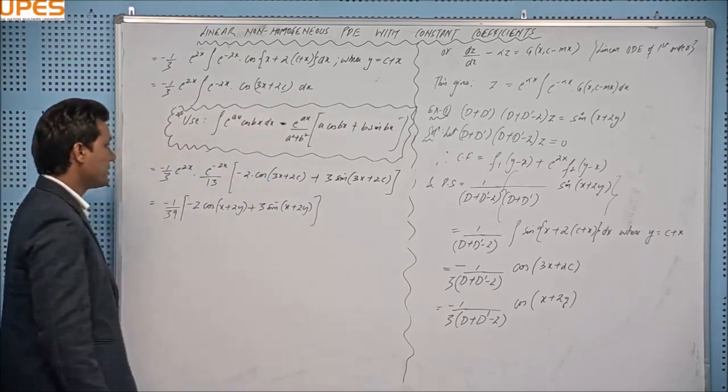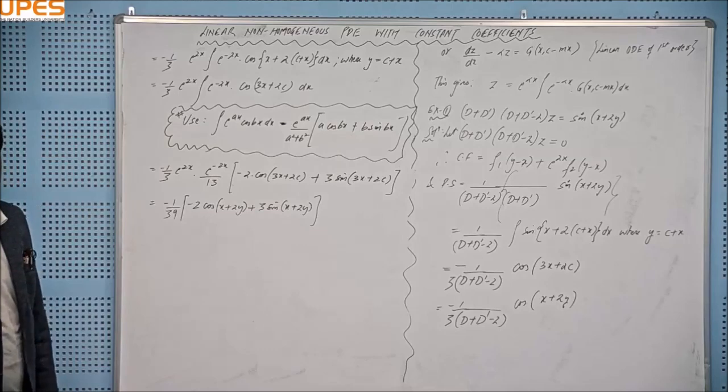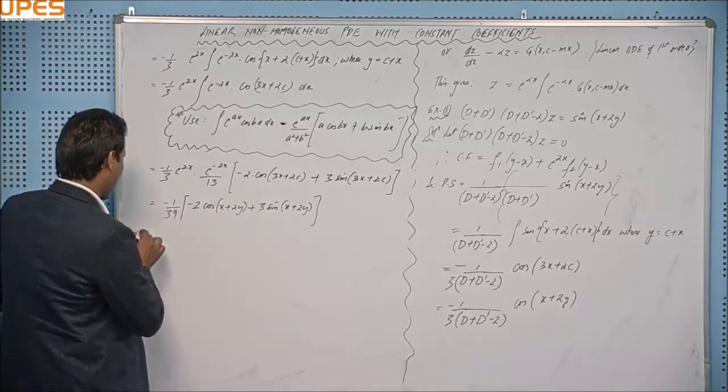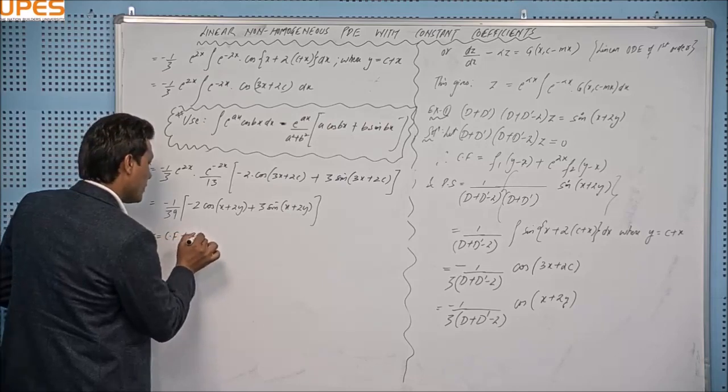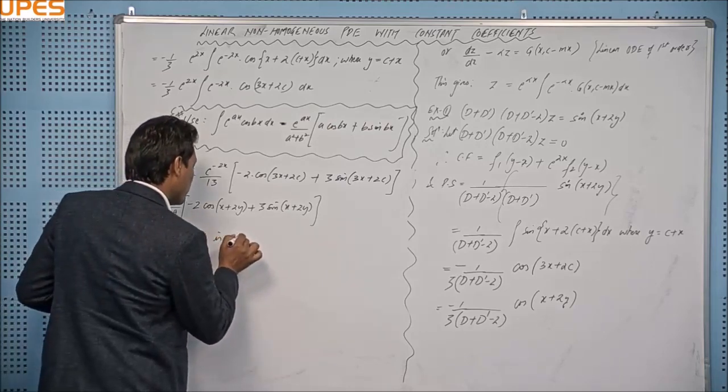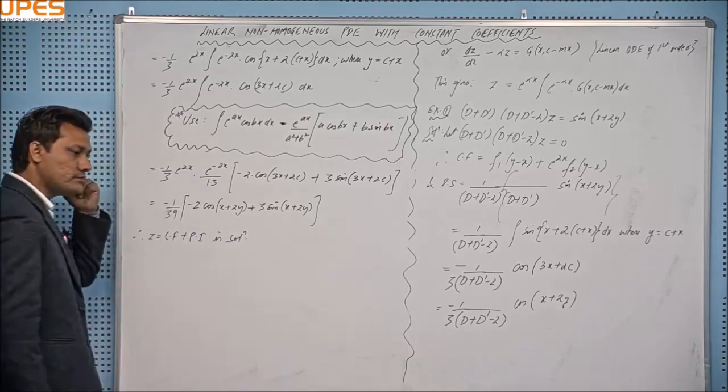So this is the required particular solution. Then the complete solution will be given by z is equal to CF plus PI, right?